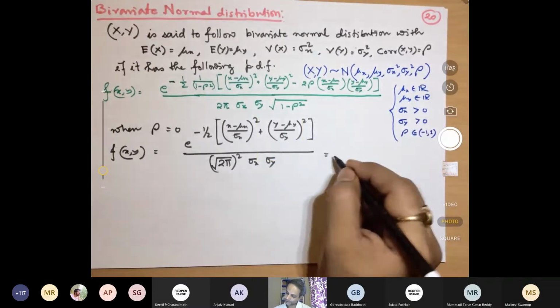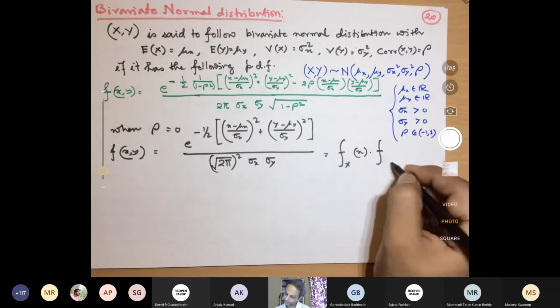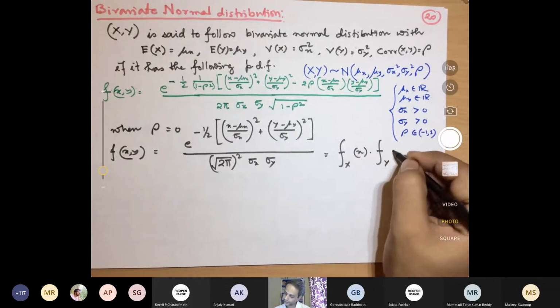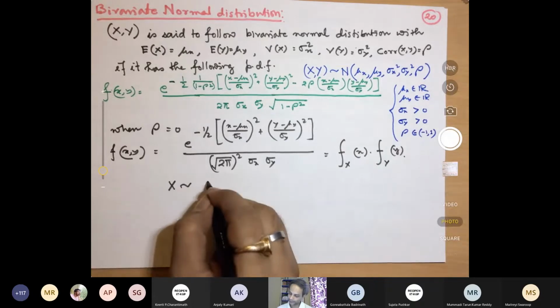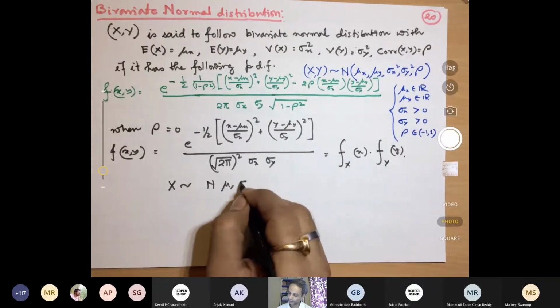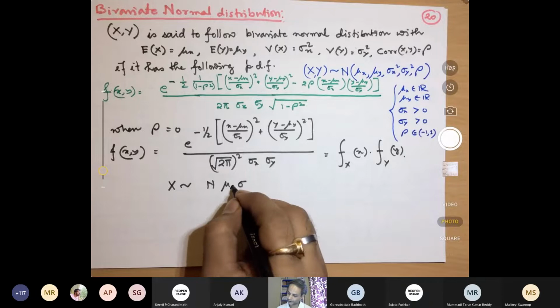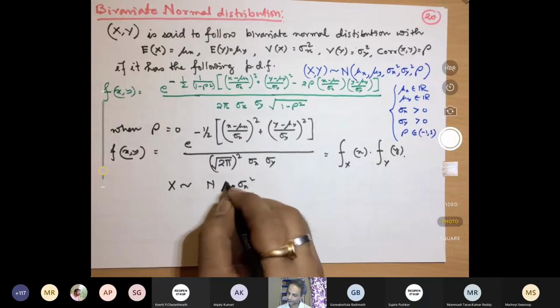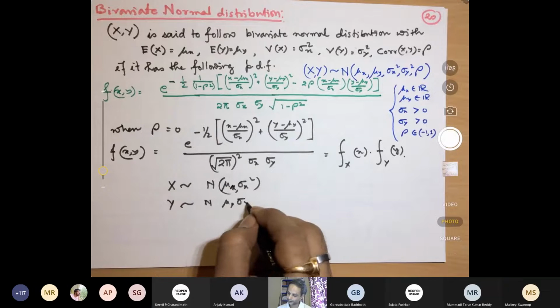So it is the product of the two marginal densities: x is following normal mu x, sigma x square, y is following normal mu y, sigma y square.